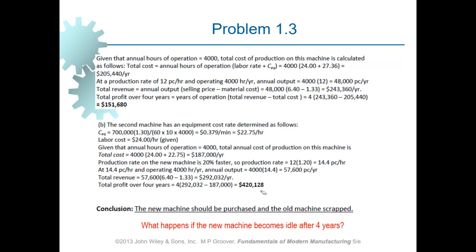So do it again, and then you will make a decision whether you should be repairing the old machine or buying the new machine. If the story changes, everything will be affected. Okay. Any questions on this?